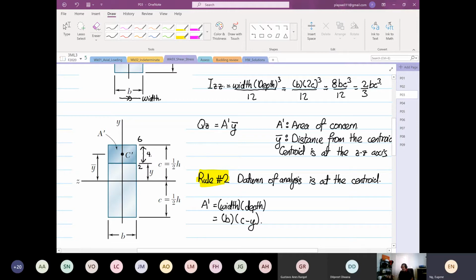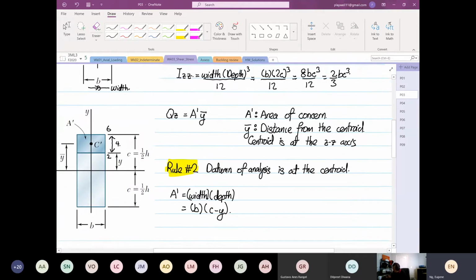Now, question to ask you, why is it not Y minus C? If we take Y minus C, the area will become negative. I repeat again, if you take Y minus C, the area will be negative. So there's no such thing as negative. So that sets rule number 3.